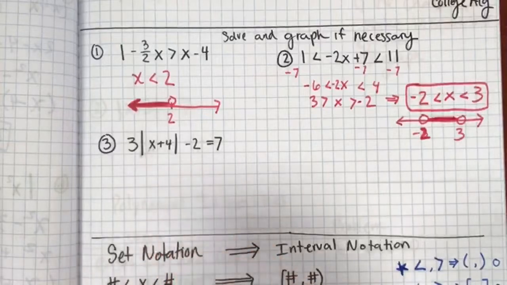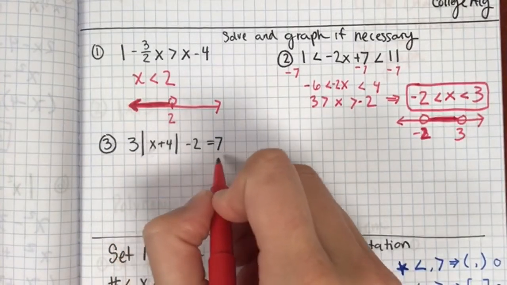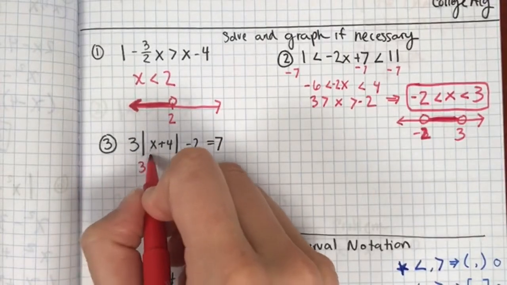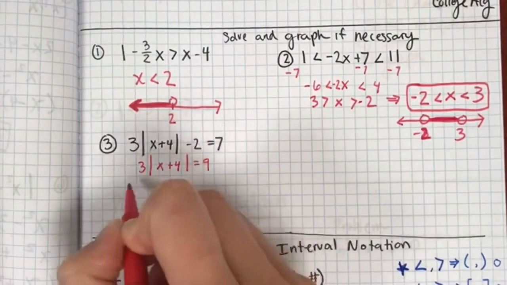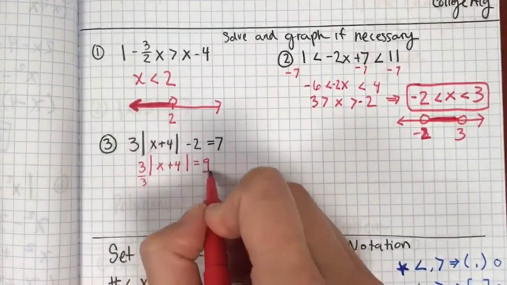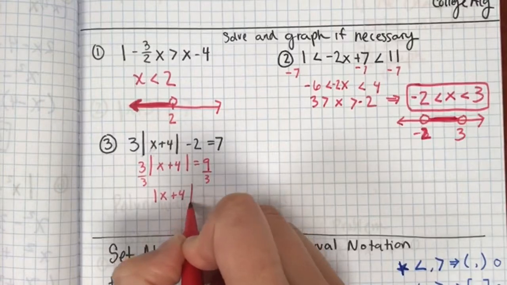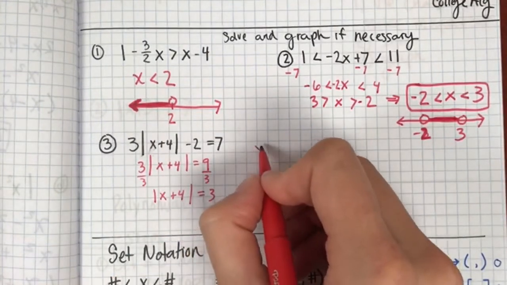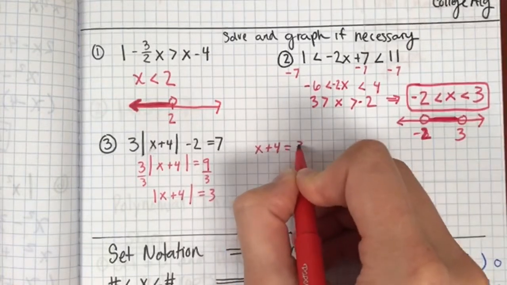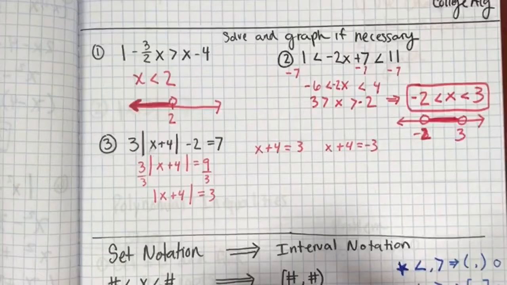All right, for number 3, we need to get our absolute value by itself. So first we're going to add 2, and then we will divide by 3. So now we have our absolute value by itself, and we can split this into our two separate equations. x plus 4 equals 3, and x plus 4 equals negative 3.